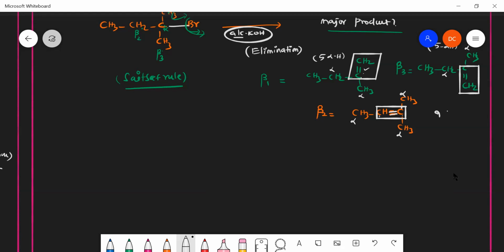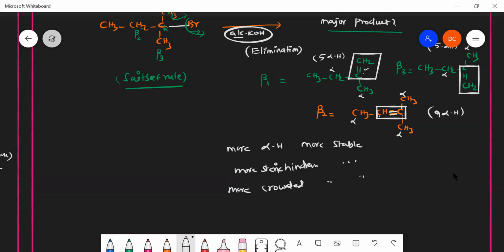So we have 9 alpha hydrogens. More alpha hydrogens, more stable. More sterically hindered, more crowded, is also more stable. So according to this concept, beta 2 will be the major product. This alkene is formed as the major product.